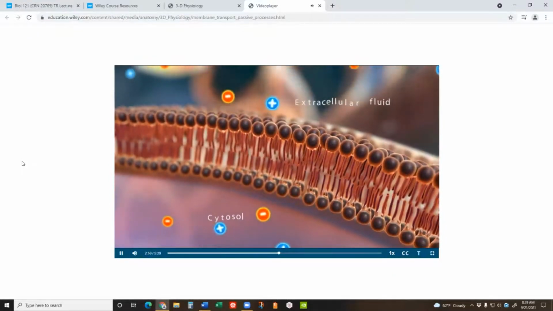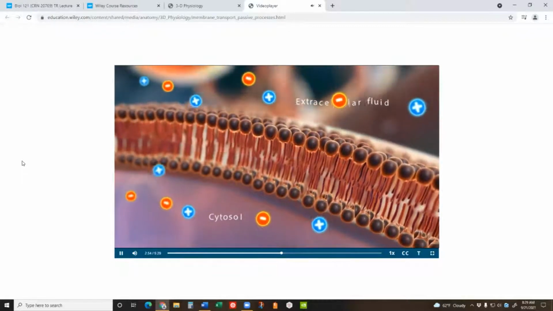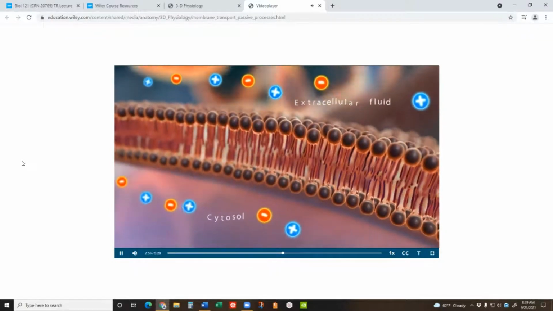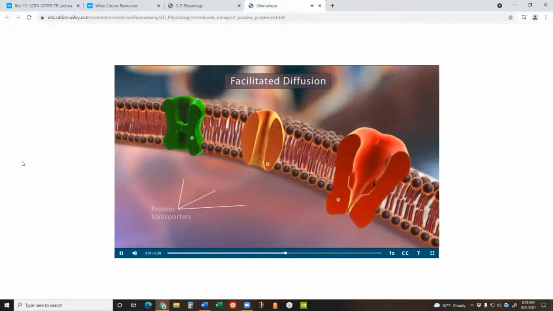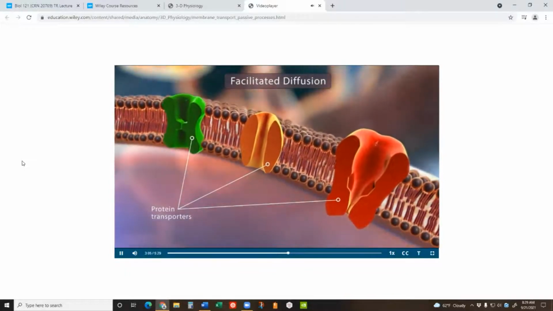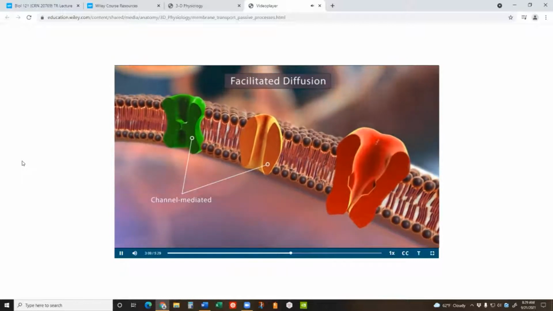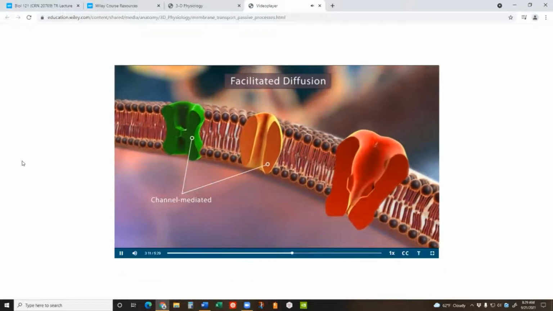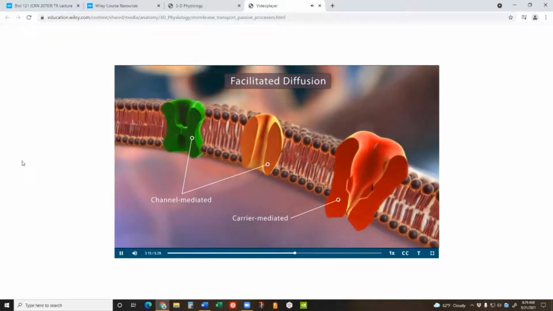Ions and polar molecules cannot move through the phospholipid bilayer via simple diffusion. The passive process of facilitated diffusion uses protein transporters to facilitate the movement of substances through the plasma membrane. Channel-mediated facilitated diffusion involves an ion channel, and carrier-mediated facilitated diffusion uses a carrier protein.